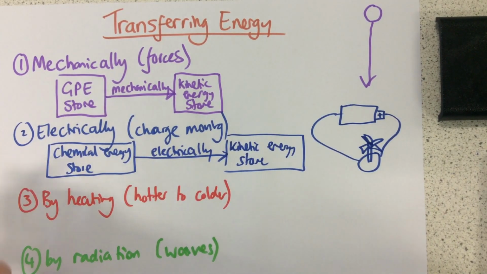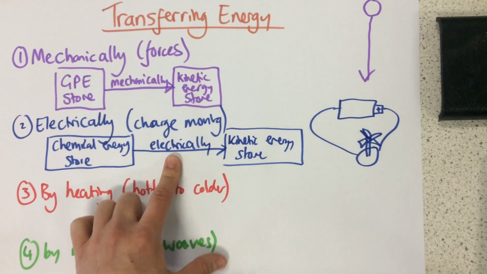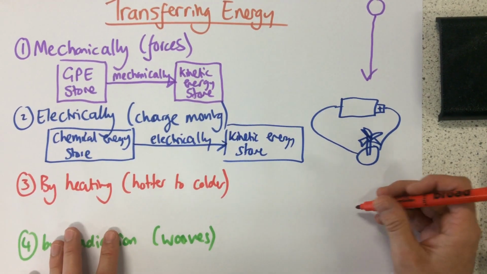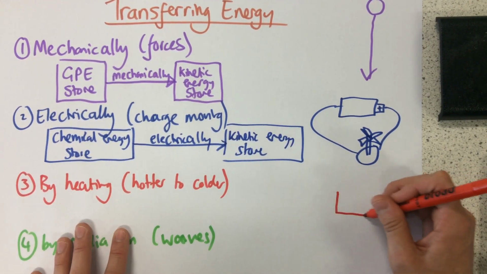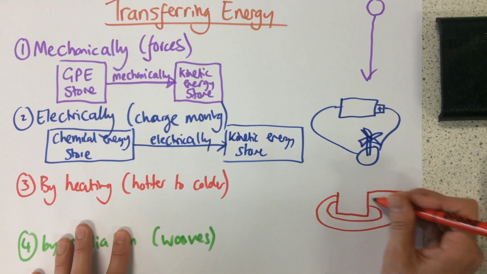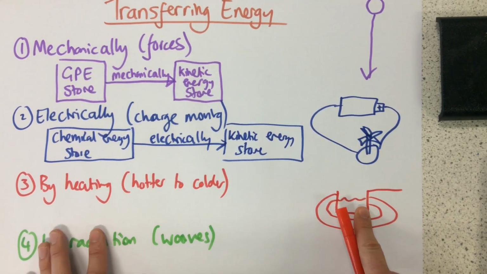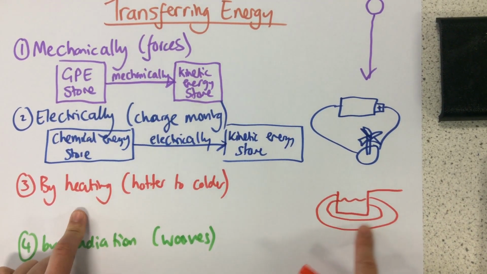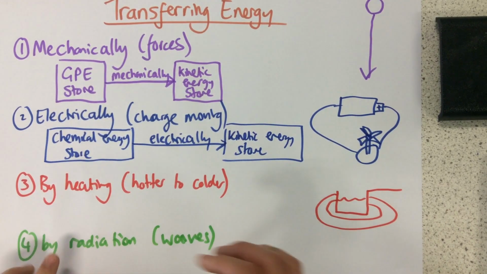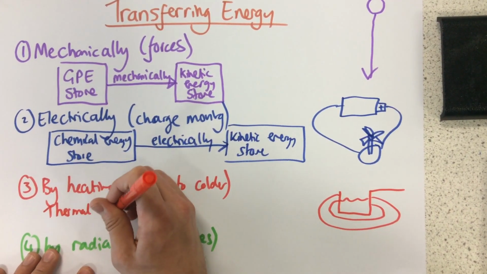Two more to go. So whenever we've got transfer by heating, we need to have something going from hotter to colder. So what I'm going to show you right now is an example. So let's say we've got this saucepan, which is here, heating on the hob. Okay? So to begin with, let's think about the energy within the hob. It starts off as a thermal energy store.